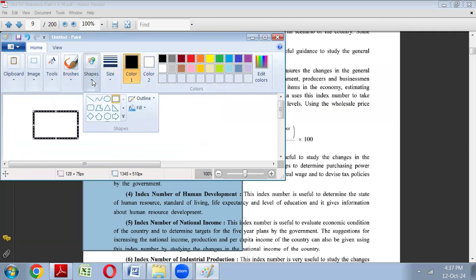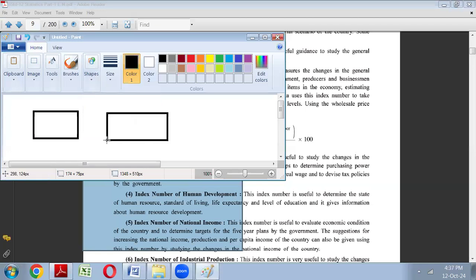So this is one distribution channel diagram which I am showing to you.